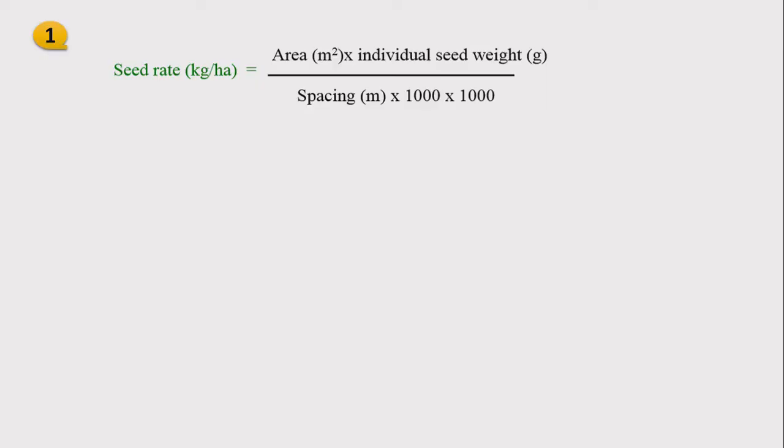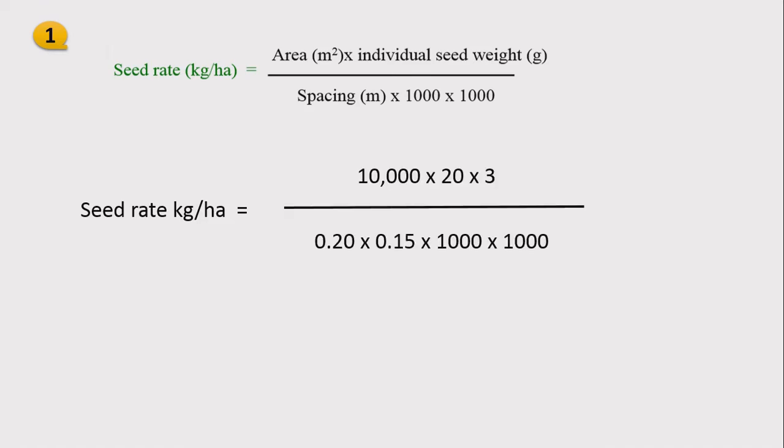Let's see. First step: seed rate in kg per hectare is equal to area into individual seed weight in grams into spacing in meter square into 1000 into 1000. They didn't say in the problem whether it's for 1 hectare or 1 acre, but here I am taking 1 hectare, which is 10,000 meter square.